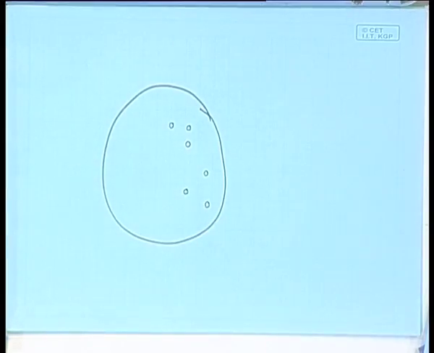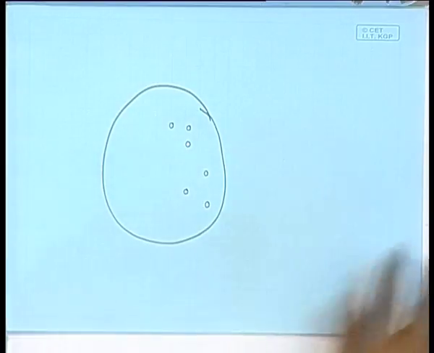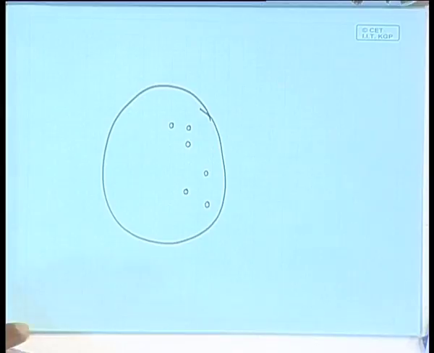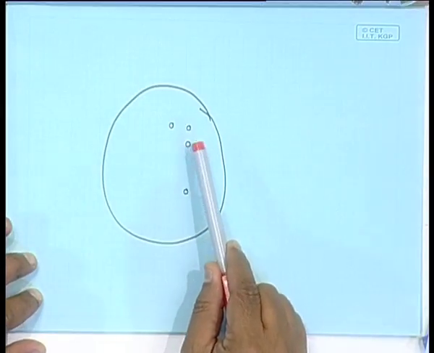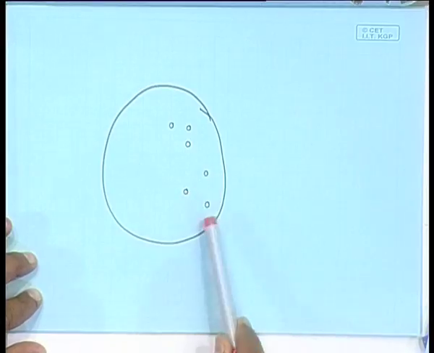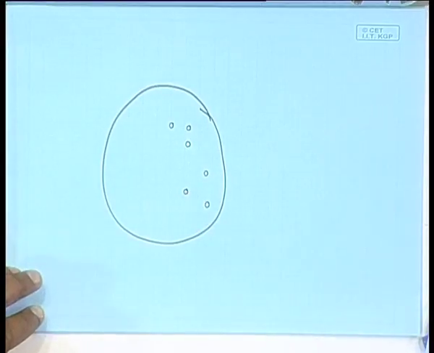Now, the question is as follows: each of these point sources is going to emit a wave. Each of these point sources is going to be a source for a wave, and when you do interference you have to superpose waves.